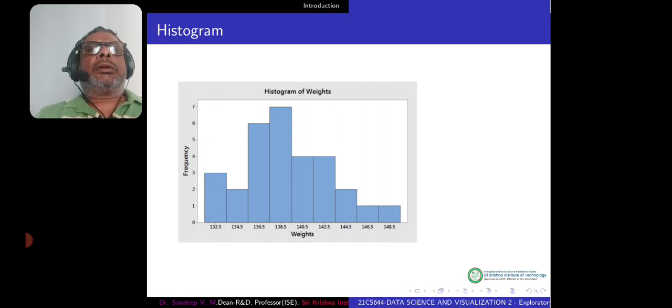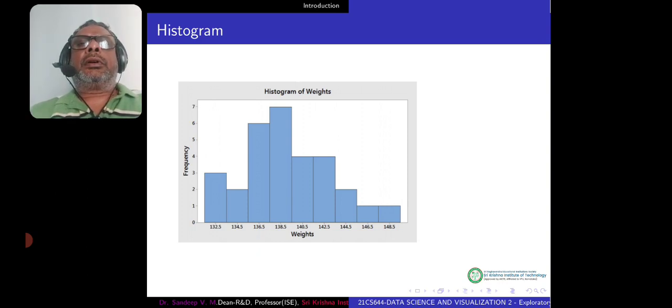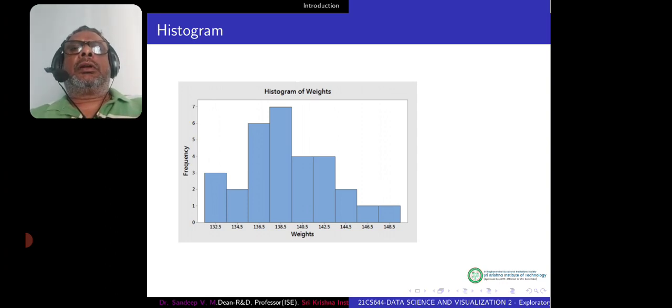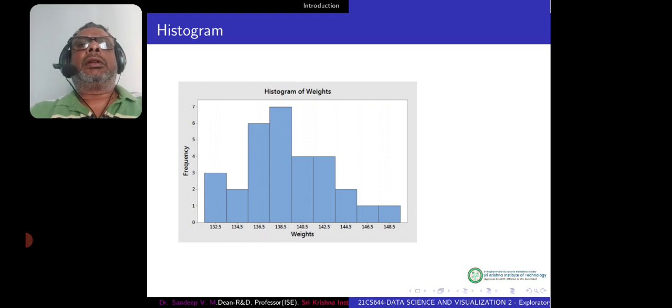So the minimum and maximum values of the data are taken, and this interval is divided into sub intervals, and the number of values falling in each sub interval, that means frequency of data falling in each of these sub intervals, is found, and it is plotted like a bar graph, and that will show which data has how much of contribution in our list.